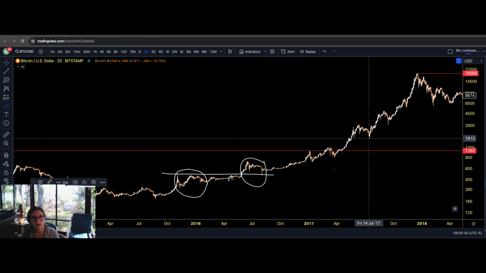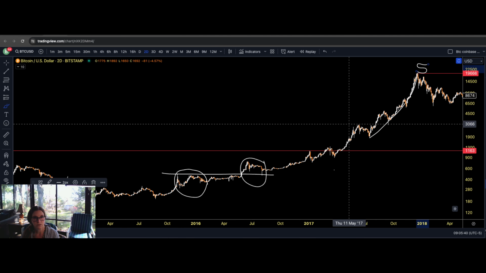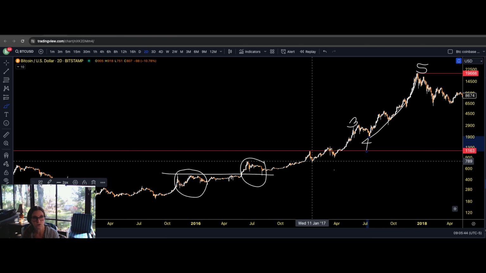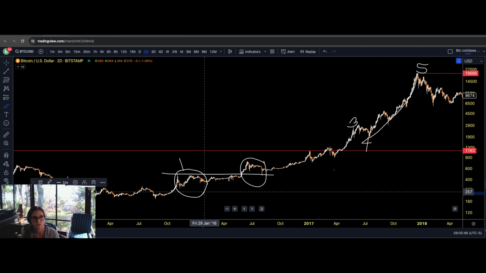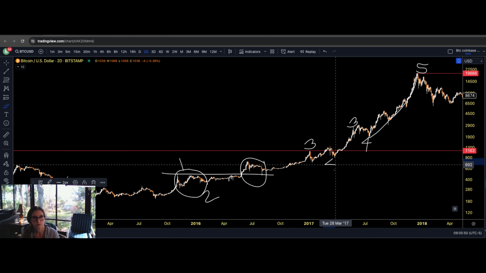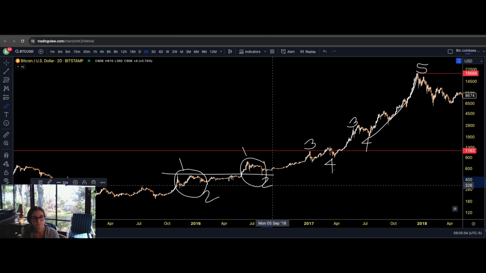The blow off top was a wave 5. Backtracking and labeling your correction a 3 and a 4, this 3 and 4 goes with this 1 and 2. The next 3 and 4 goes with this 1 and 2.